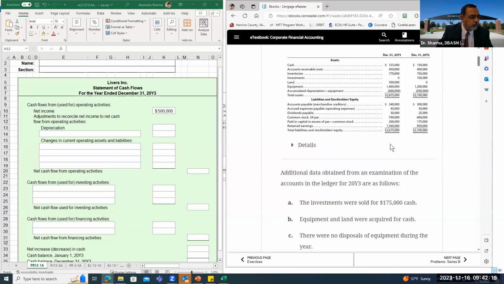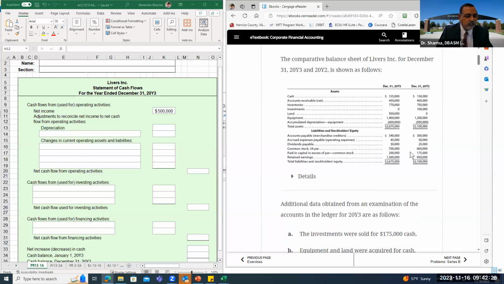As you can see here in the balance sheet, accumulated depreciation on equipment has increased from 500,000 to 600,000. So that is the amount of depreciation. Accumulated depreciation will increase when you add more expenses. So that is where we are getting that 100,000.